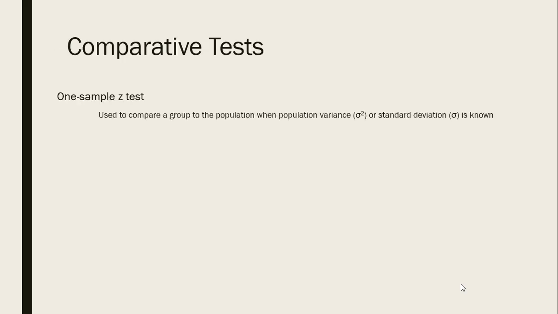And so among the comparative tests, the one sample z-test allows us to compare a group or a sample to the population when the variability within the population is known. So typically we need the variance or the standard deviation of the population. Variance is represented by sigma squared.